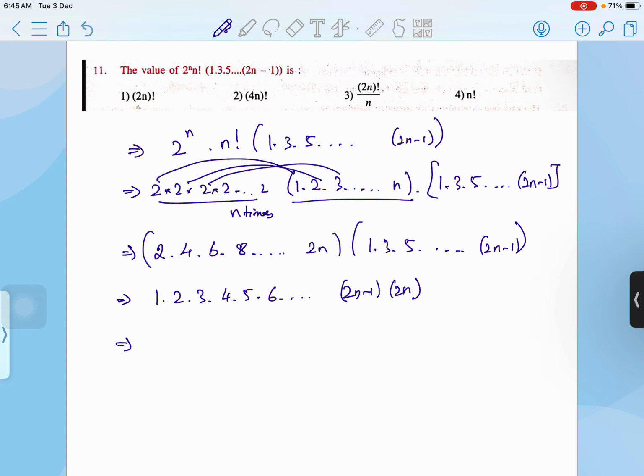So the product from 1 till 2n is nothing but (2n)! Don't write it like 2 into n factorial. If you didn't put the bracket, it will mean 2 into n factorial, so don't write like this, write (2n)!. So option 1.